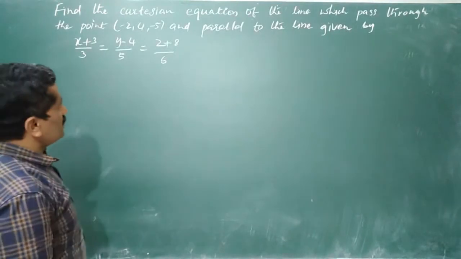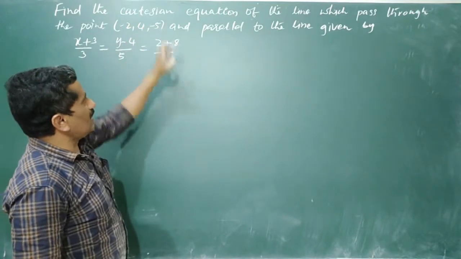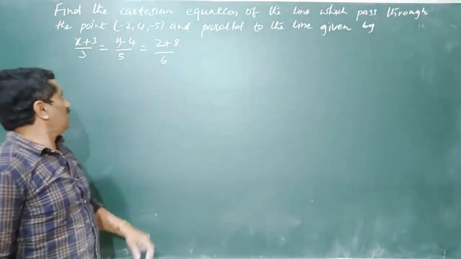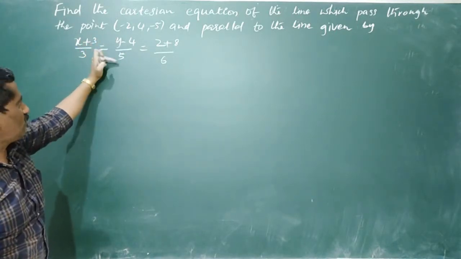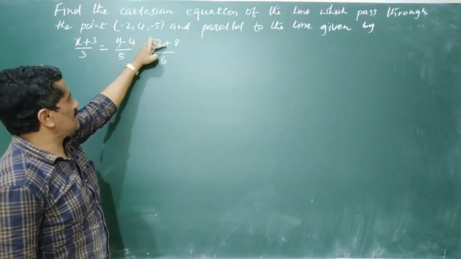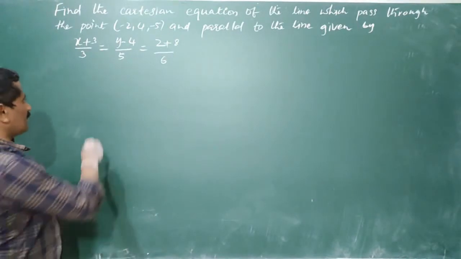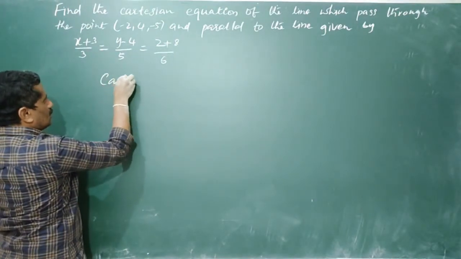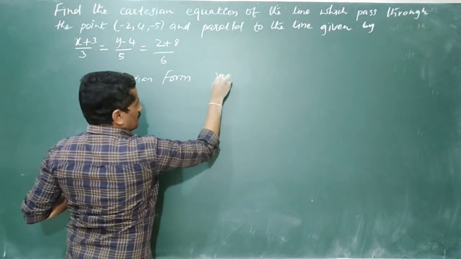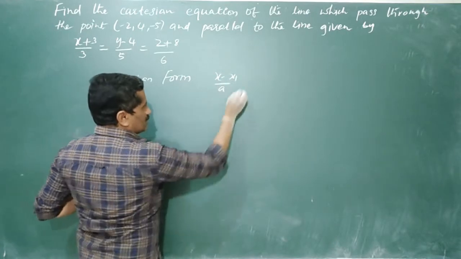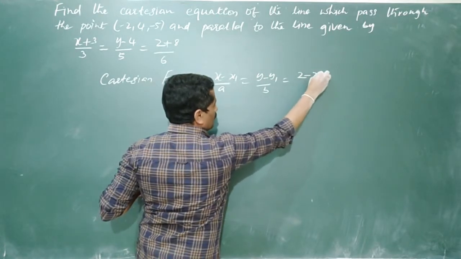Next, find the Cartesian equation of the line which passes through the point minus 2, 4, minus 5 and is parallel to the line given by x plus 3 by 3 is equal to y minus 4 by 5 is equal to z plus 8 by 6. We need to find the Cartesian equation. So we have a Cartesian form, that is x minus x1 by a is equal to y minus y1 by b is equal to z minus z1 by c.